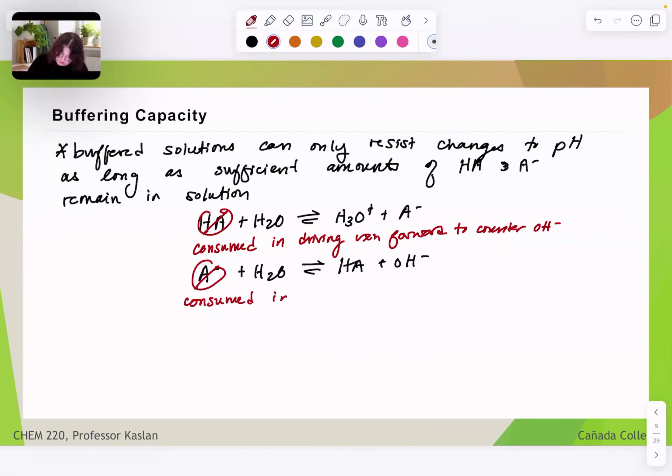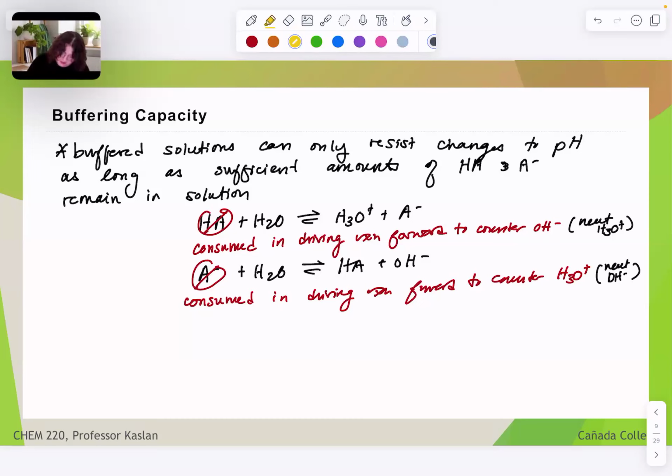So this is also consumed in driving the reaction forward to counter H3O plus, where again, this hydroxide is neutralizing H3O plus product. And here, acid is neutralizing our hydroxide product. And if we no longer have HA and A minus because they're consumed, then we are no longer a buffer.